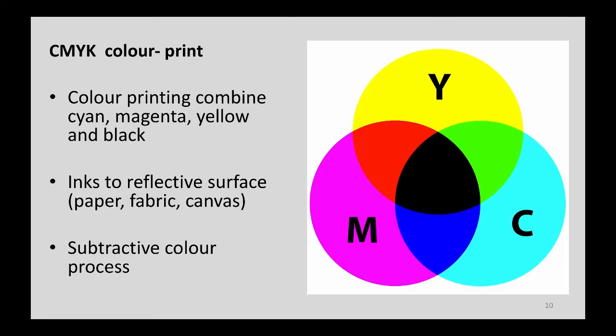It's because we're not working with visible light, we're working with inks on paper. It's a different process. So you will work with RGB color spaces all the way through your print process, even though the inks themselves are delivered as CMYK. They're CMYK ink sets.